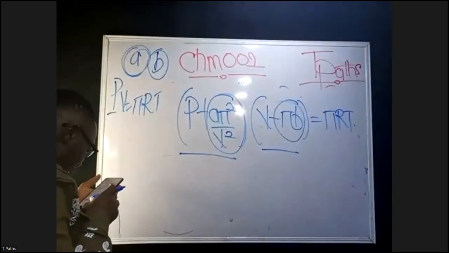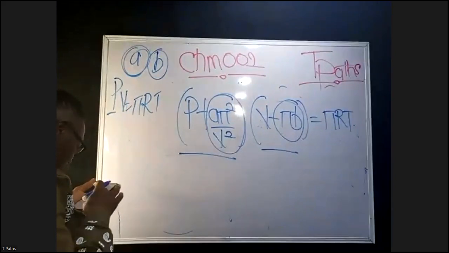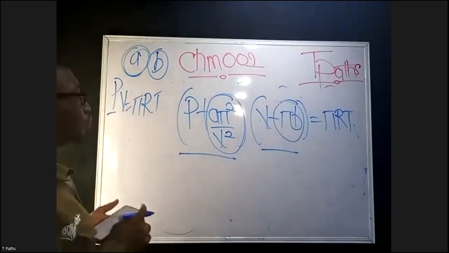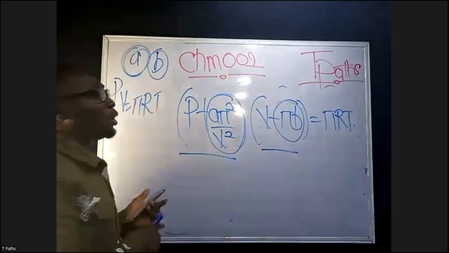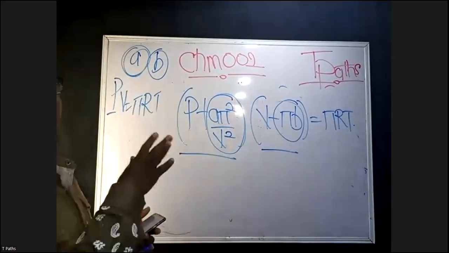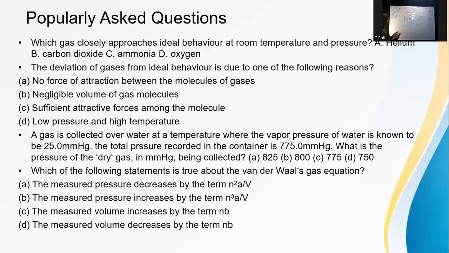So we now look at the question there and understand what it wants us to do. If you read the question very well, we know the van der Waals equation of state as P plus a n squared over V squared, times V minus nb, equals nRT. Then the question said the measured pressure decreased by this, so we ask ourselves what it means.